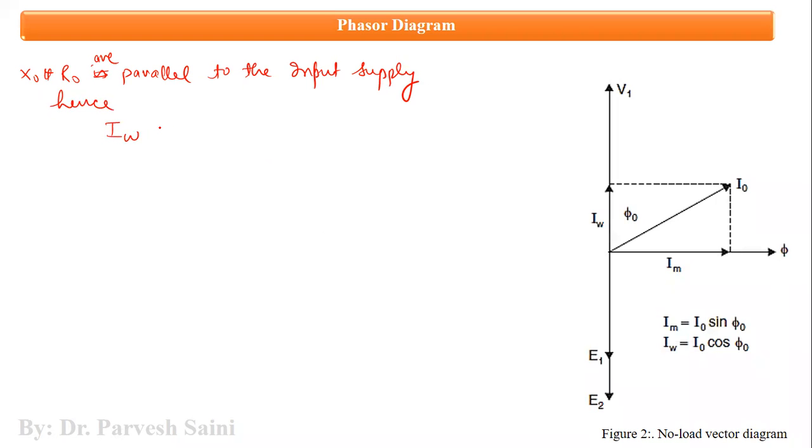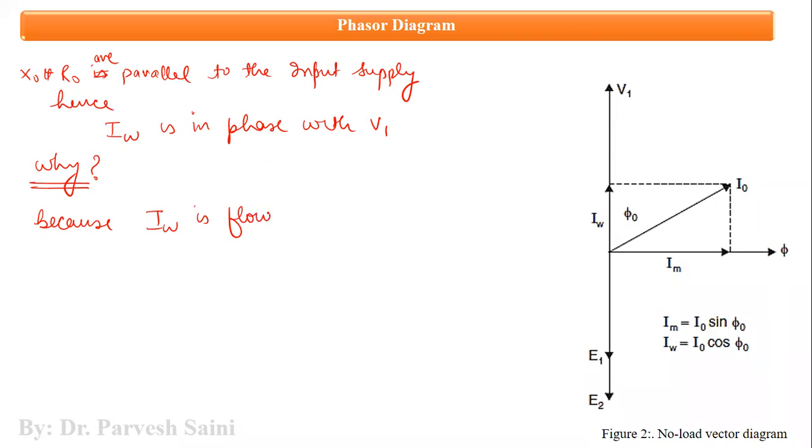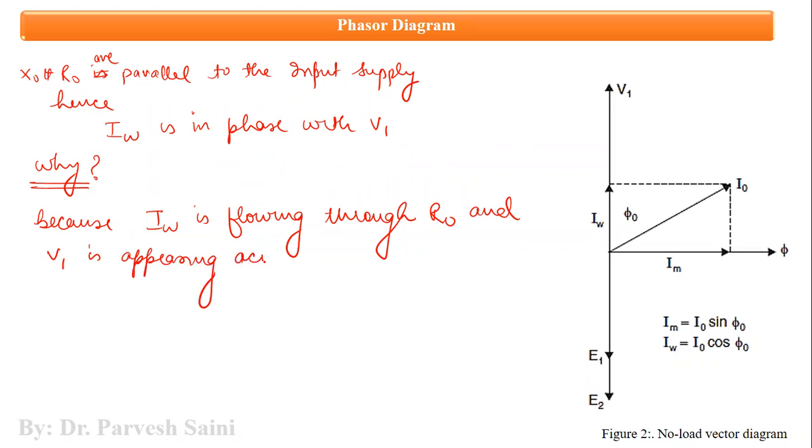Hence IW is in phase with V1. Now why? The question is why? Because IW is flowing through R naught, and V1 is appearing across R naught.